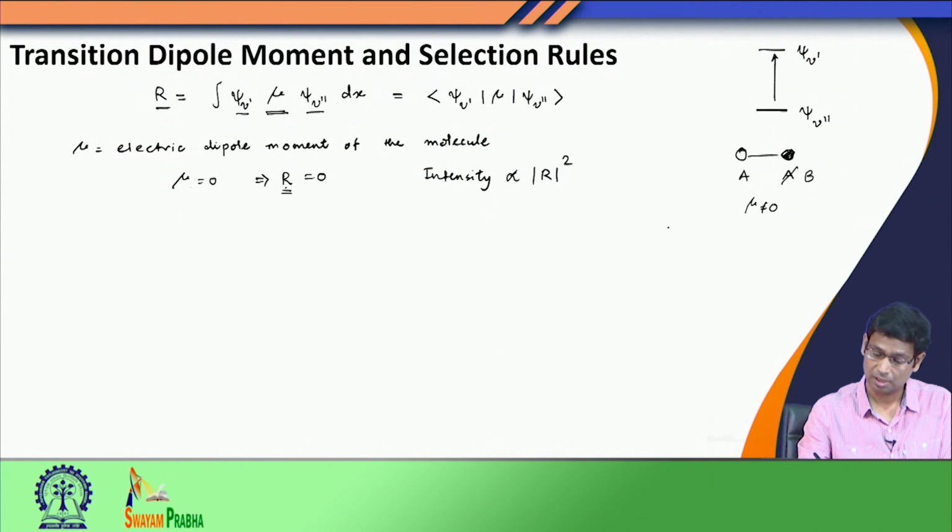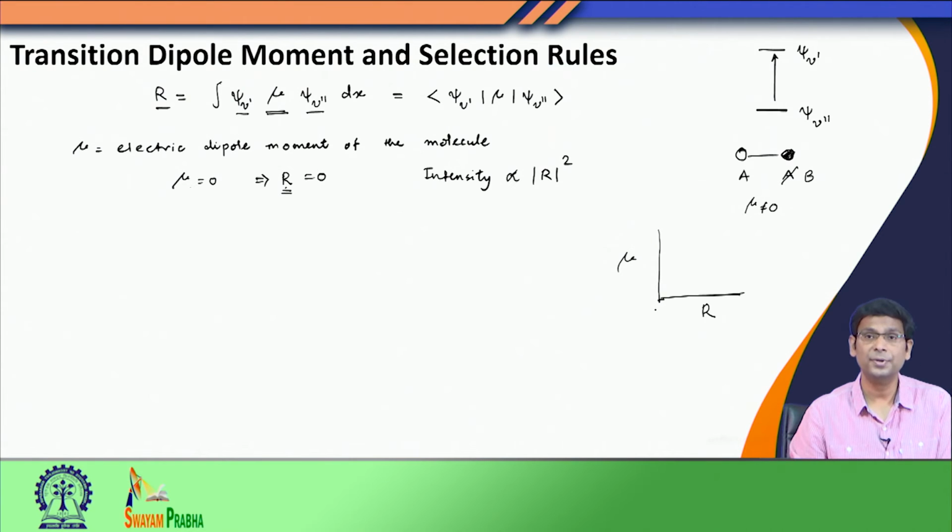For example, let us make this plot where in the x axis I am plotting r, the internuclear distance, and in the y axis I am plotting mu. Suppose in the limit when r becomes 0, that is the hypothetical situation where one atom is exactly over the other atom. Since the two charges are not separated, the dipole moment does not exist.